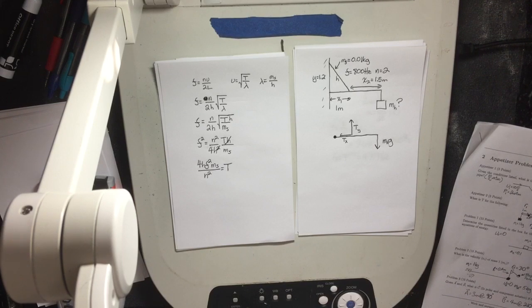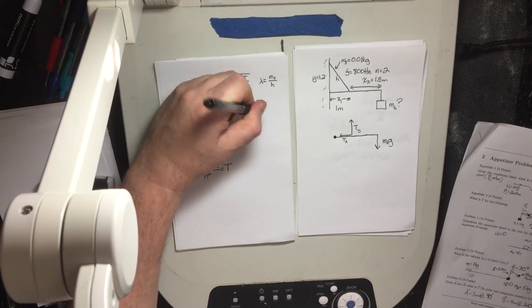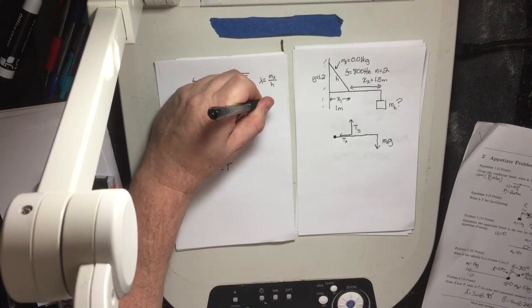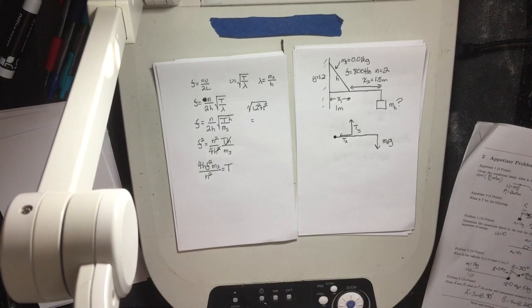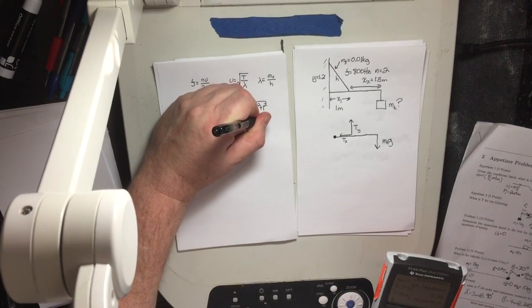Now, the hypotenuse is the square root of 1.2 squared plus 1 squared. So probably now would be a good time to just get that number. And I would carry it out to a little bit more sig figs than normal.